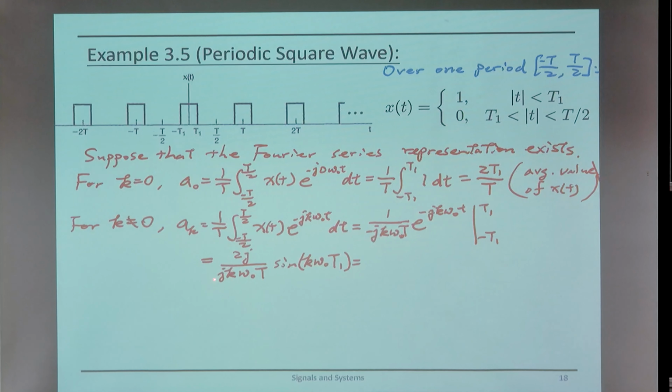Now here, the j cancels out, and by reorganizing the terms, you can write this as 2 t1 over T times sine of 2 pi over T k t1, over 2 pi over T k t1.